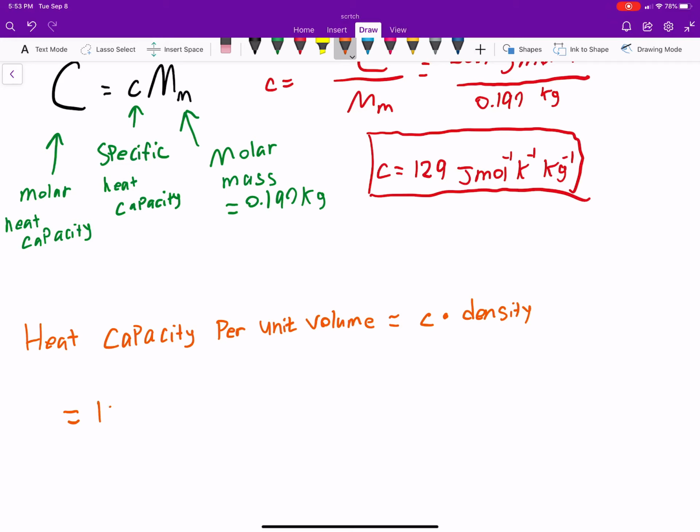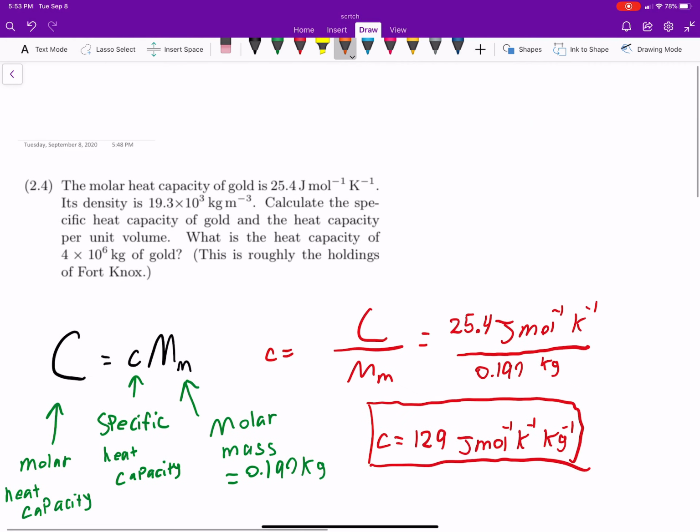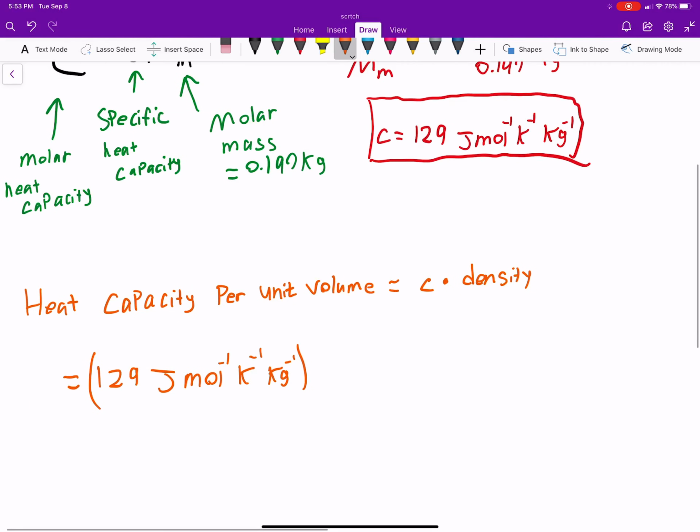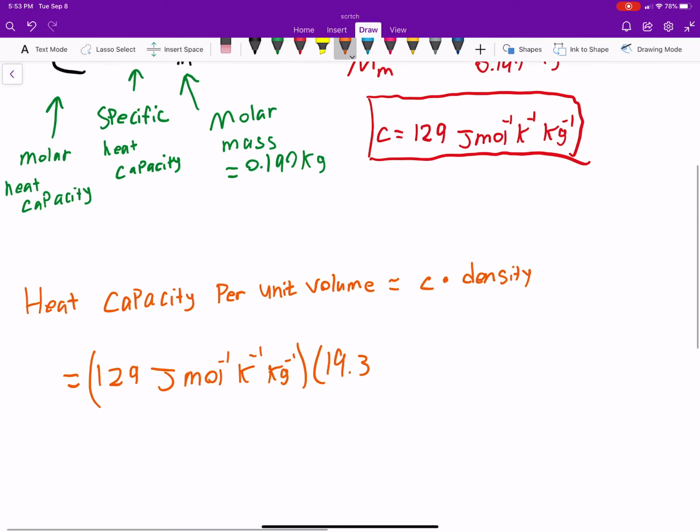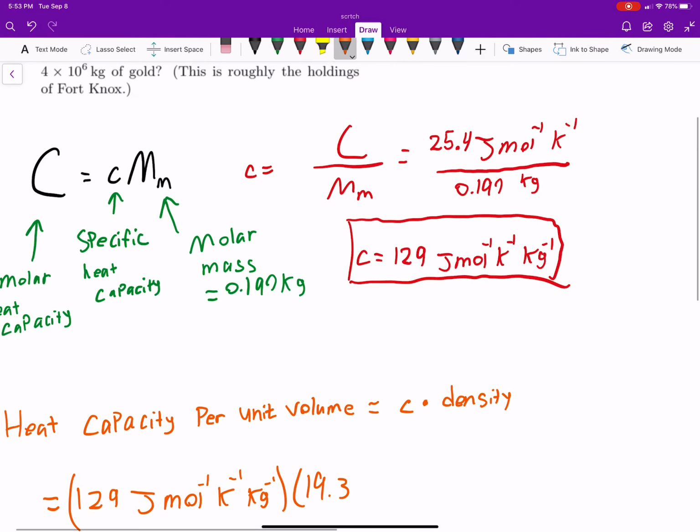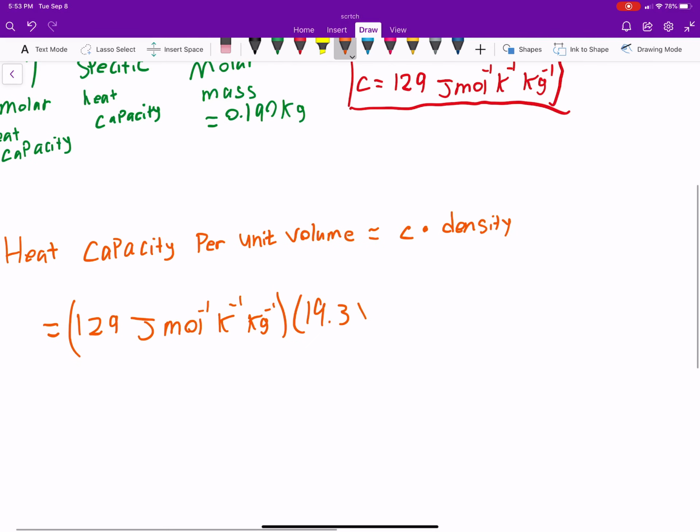So 129 joules per mole per Kelvin per kilogram times the density, which they already gave us as 19.3 times 10 to the third kilograms per meter cubed.